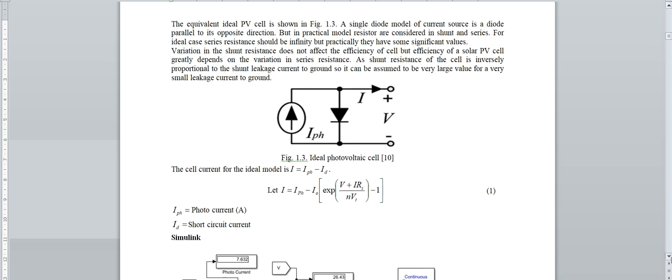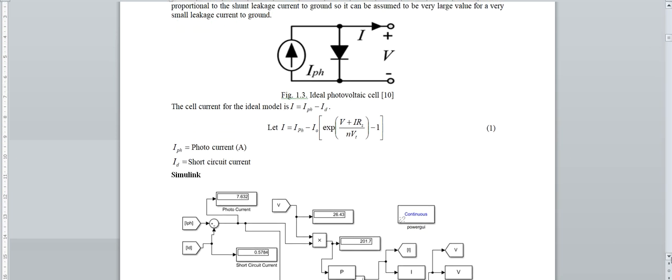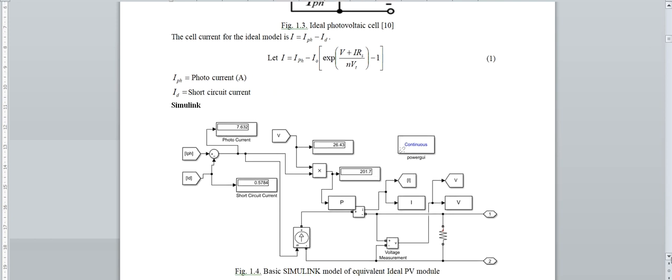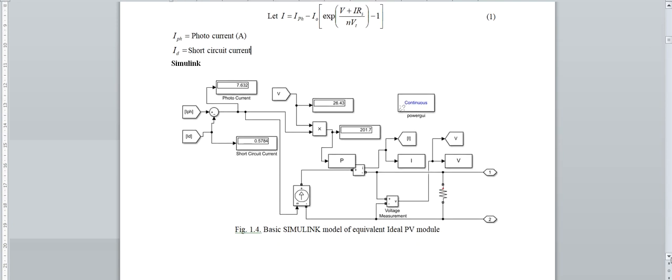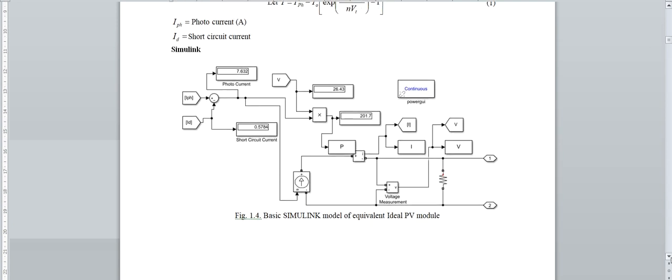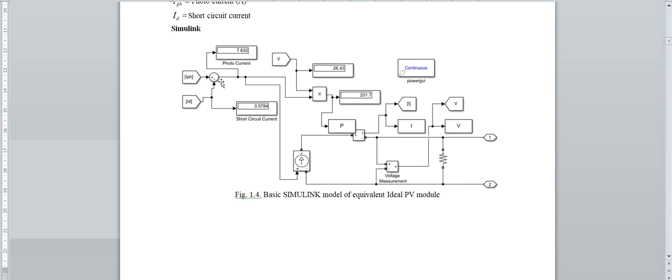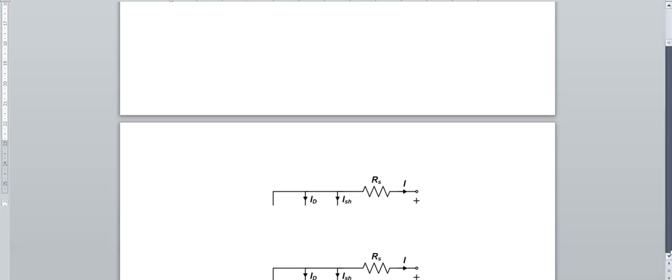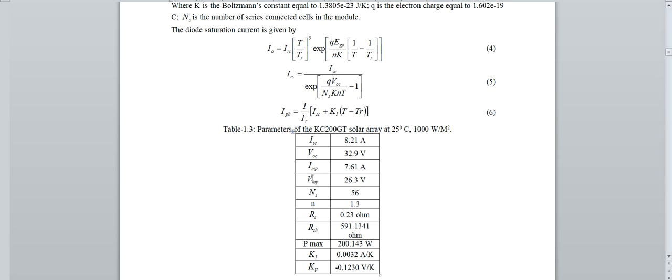For this ideal diode, I'm giving some solar Simulink model. This is the Simulink model. What we have given here is Iph and Id, and it is going to 7.68 and voltage is 26.43. We are taking here one parameters of KC200 solar array.